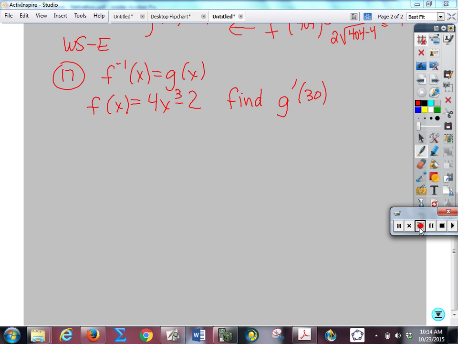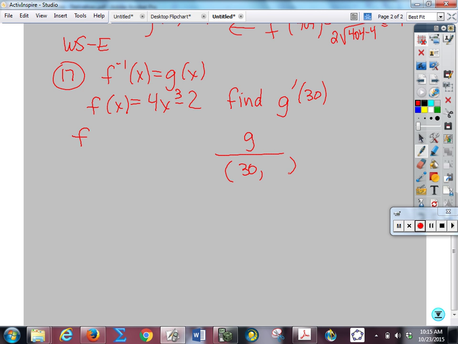I'm going to kind of write f over here and g over here. And I know on g that I want to find the point 30 something. Right? And on f, I need to find the corresponding point that goes with that. It's going to be something 30.